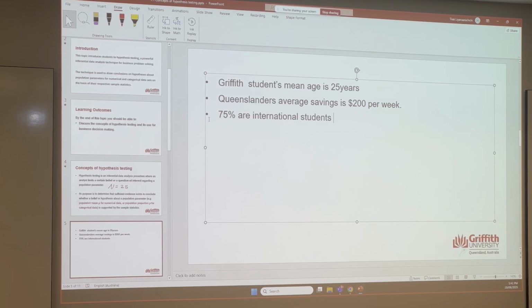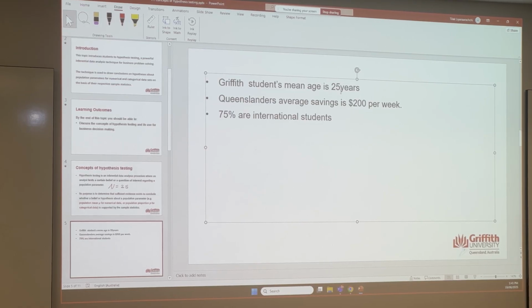This is not the mean. So 25% are domestic students, 75% are international students, right? These are all hypotheses. This just came to our mind, and we don't know whether they are true or false. You can say, no, not 25, it's 20. That's another hypothesis. No one knows.